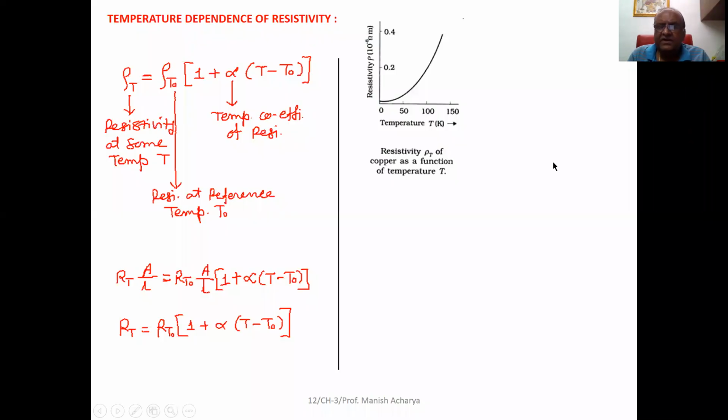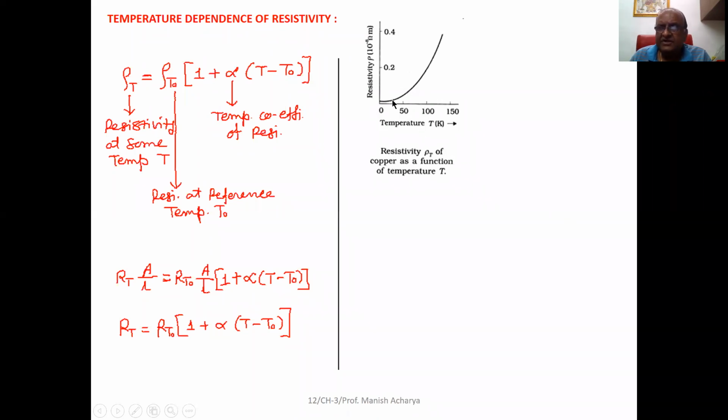Now, how the resistivity changes with temperature for different materials is given to you. Suppose we think about the metals. Here the example of copper is given. The graph of resistivity versus temperature is given to you, and here we can observe this thing.